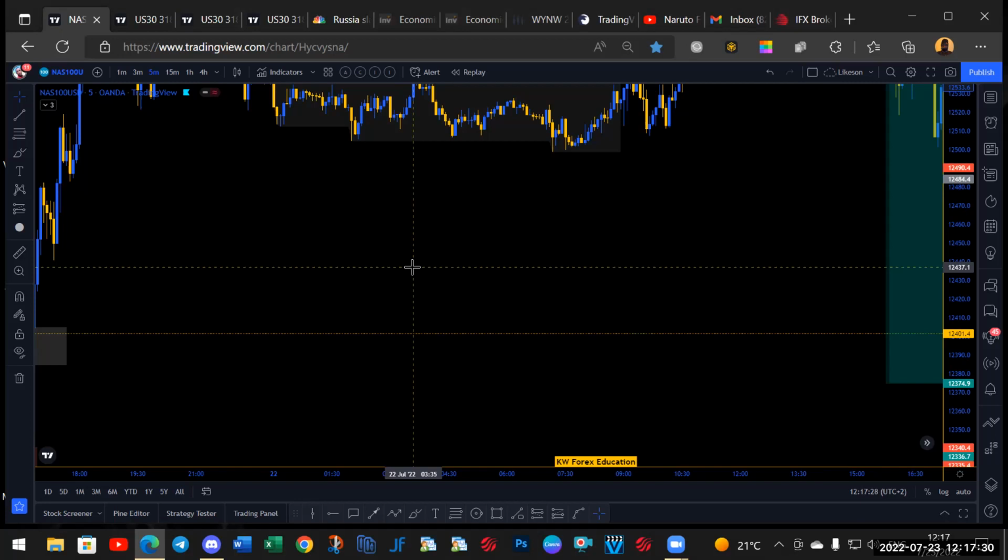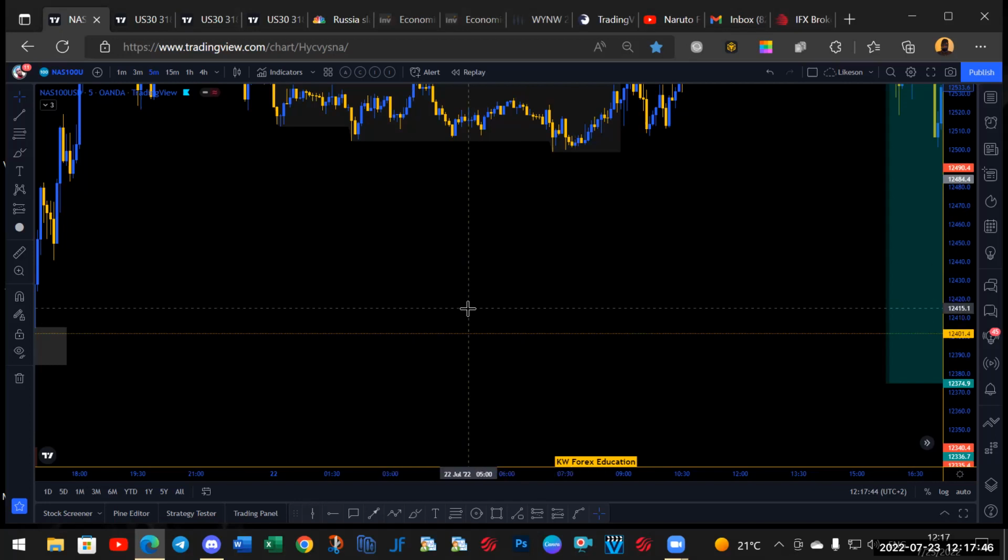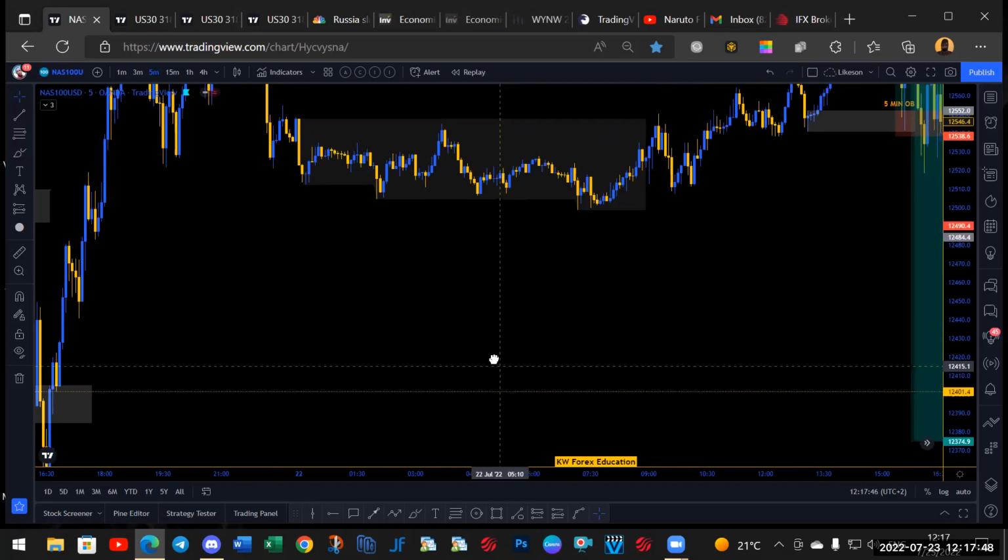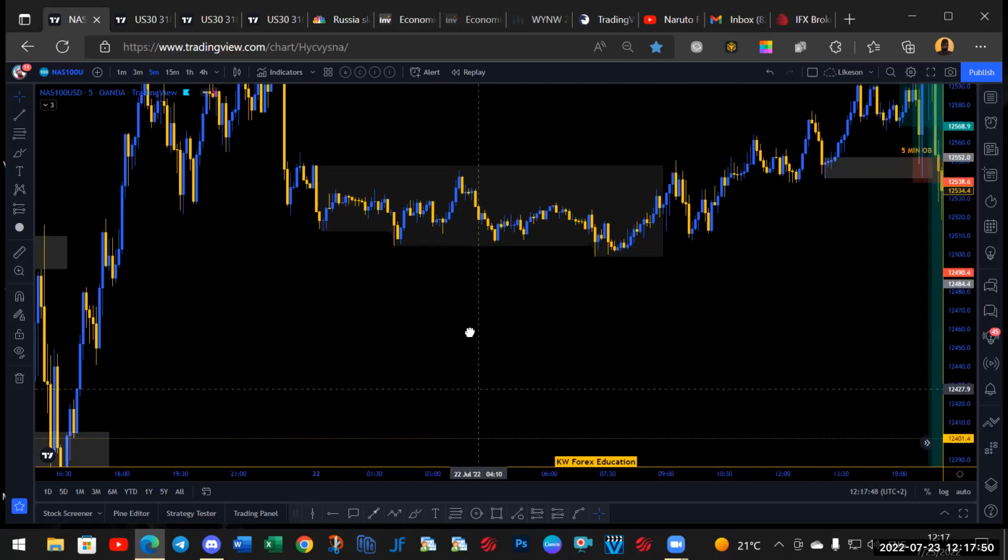Now the order flow can be a little bit hectic, but I kind of like it because it gives you a lot of opportunity compared to when you're using multi-time frames, right? Multi-time frames are also good, but you can miss some of the little things here and there. I'll show the difference.